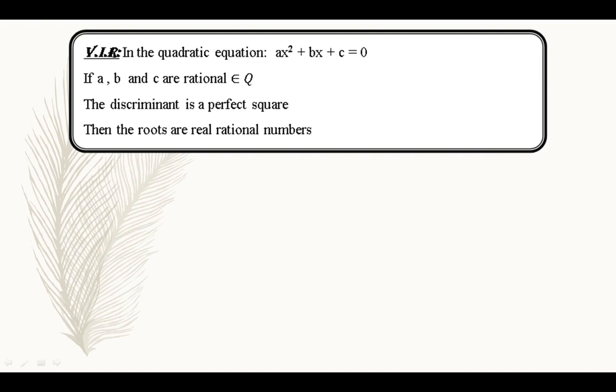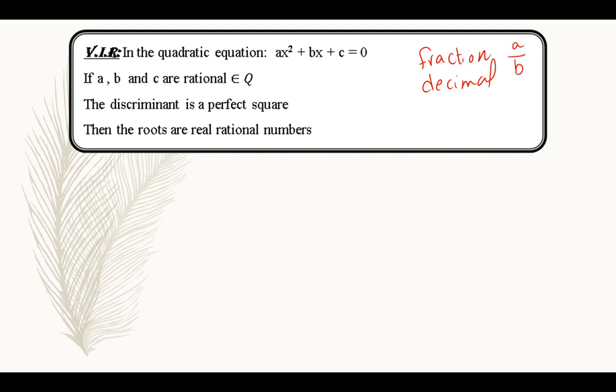Rational numbers means belonging to Q. Rational numbers here mean fractions, maybe fraction, maybe decimal. This is the Q, or any number that can be written in the form of a over b, fraction or decimal.